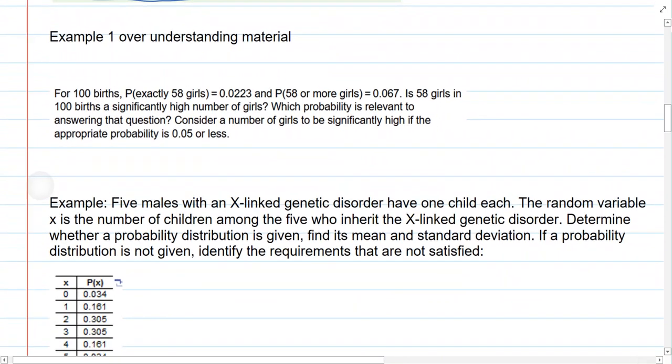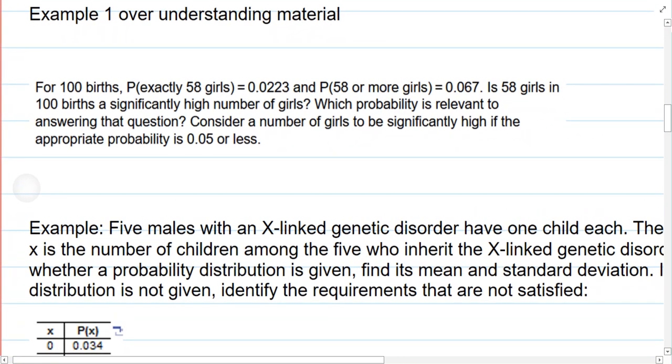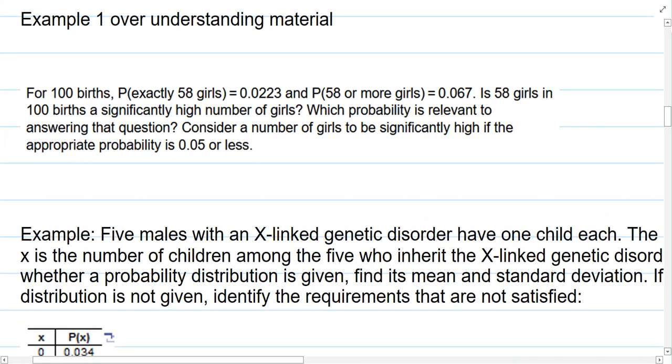All right, here we go. Understanding the material. That's the first one. And I always try to make sure that we have examples that can give you a handle on the vocabulary. For 100 births, the probability of exactly 58 girls is 223 ten-thousandths.